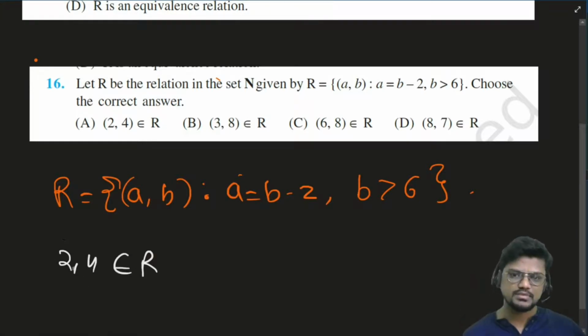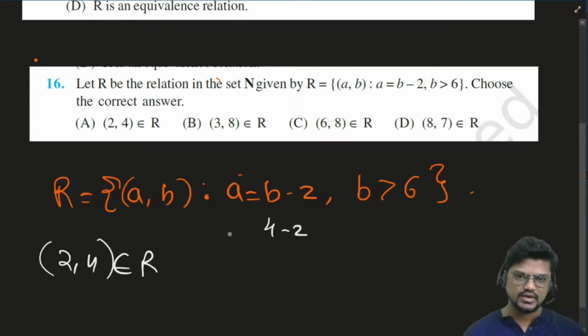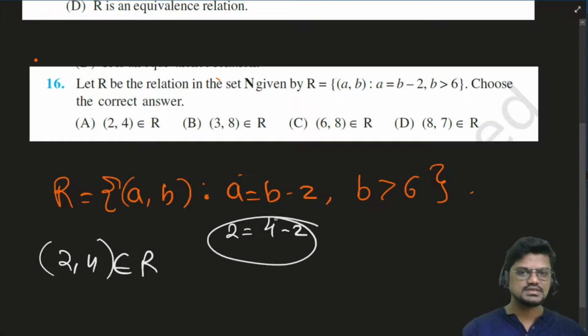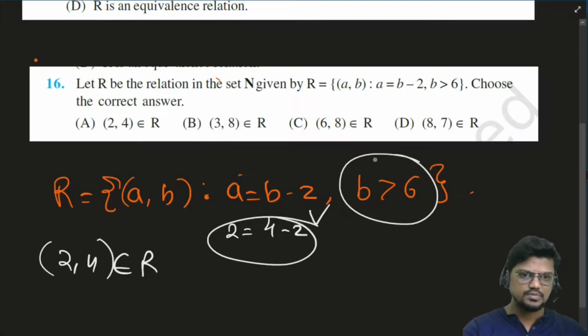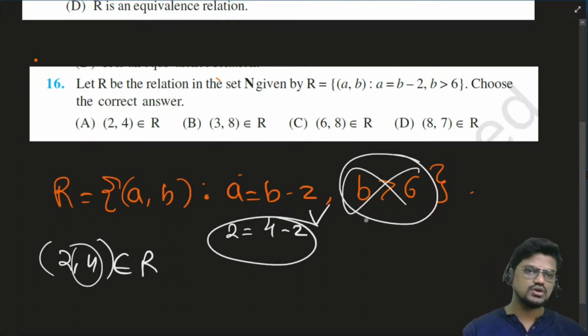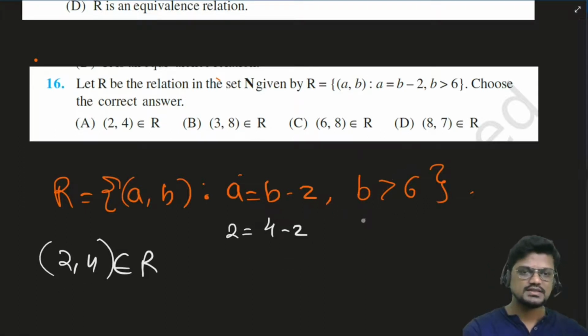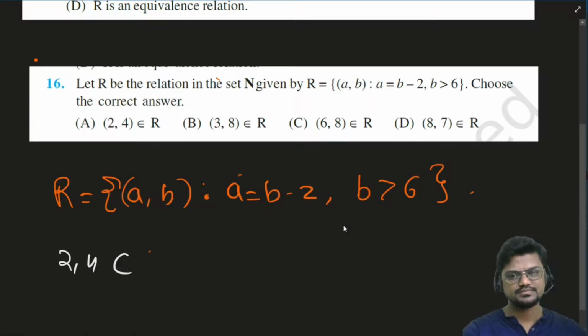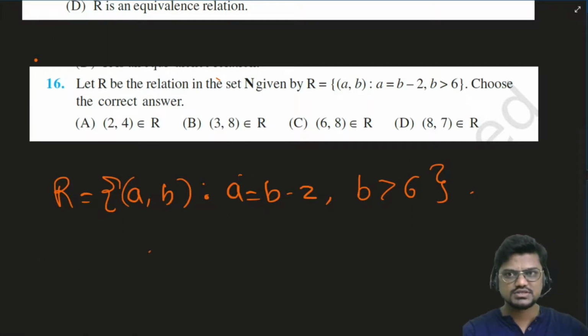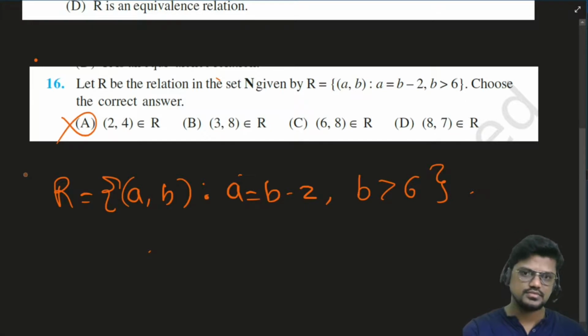If I keep the value of a as 2 and b as 4, then 4 minus 2 is 2 and the value of a is 2, yes, this is getting satisfied. But b should be greater than 6, no? But the value of b is 4, so this is not getting satisfied. So this will not belong to the relation, right? This is not there.